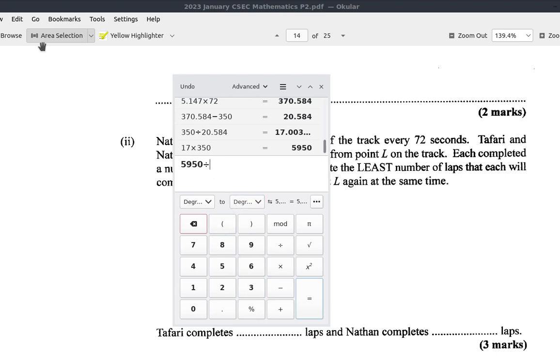Distance over 4.861 equals 1224 seconds. That is how long it takes Nathan to do the 17 laps.